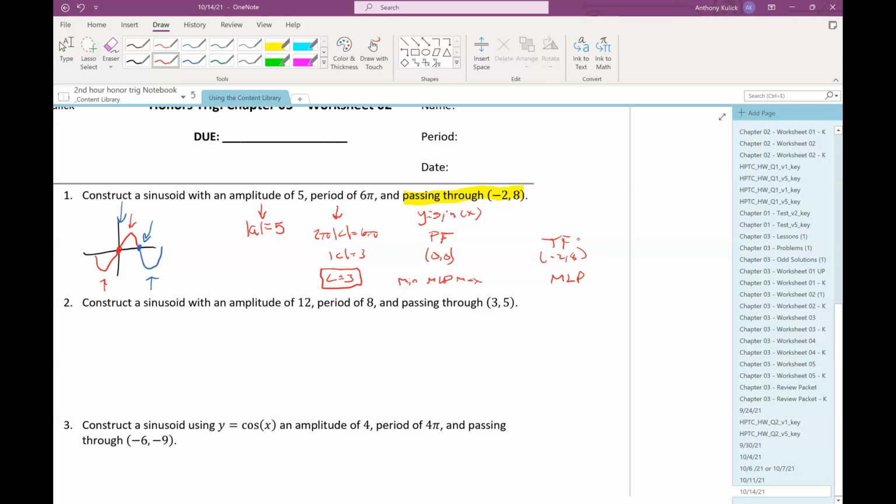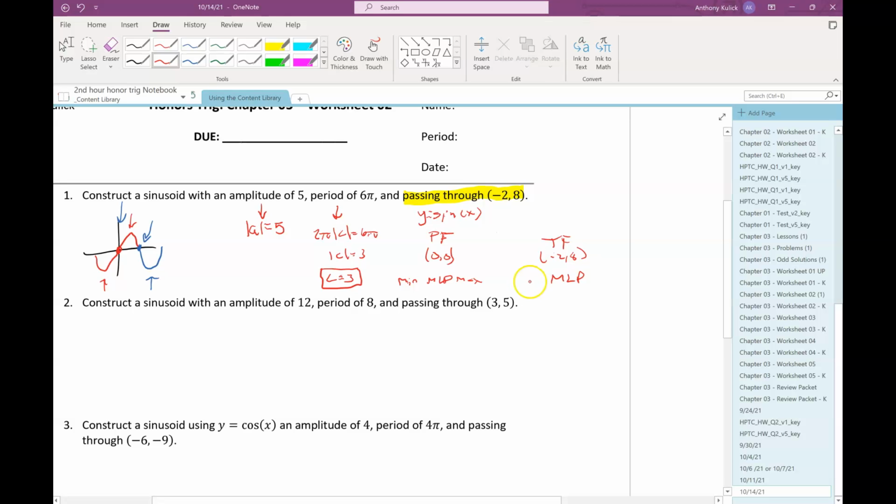Okay. So I know that (-2, 8) has to be a midline point if I'm using (0, 0), which is what I'd like to because it makes the rest of this much easier, and we'll explain why in a minute. So I have my choice of which type of midline point I want (-2, 8) to be, because we have the freedom to choose since we're not told it has to be anything.